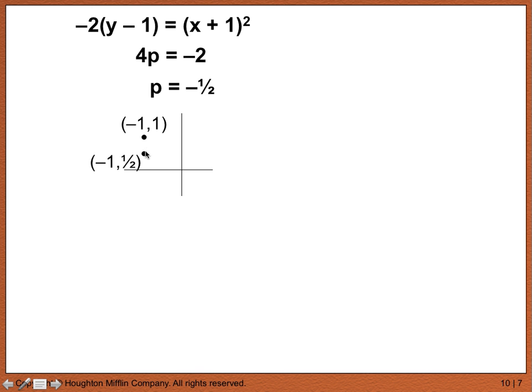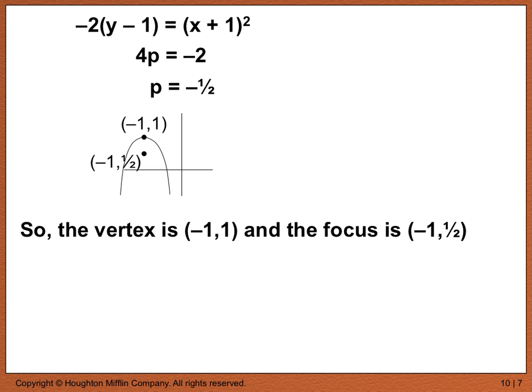And that p is negative 1/2, which means it goes downward. And therefore, 1 minus 1/2 is 1/2, and that's why the y-coordinate of the focus is 1/2. So now with this rough sketch, again, it doesn't have to be anywhere close to perfect. It just helps us to orient ourselves. I can clearly see that the vertex is negative 1, 1, and the focus is negative 1, 1/2. And that is what we set out to find in the first place.